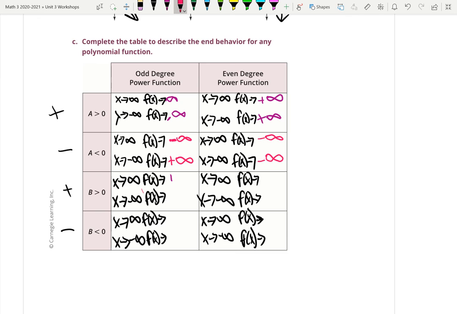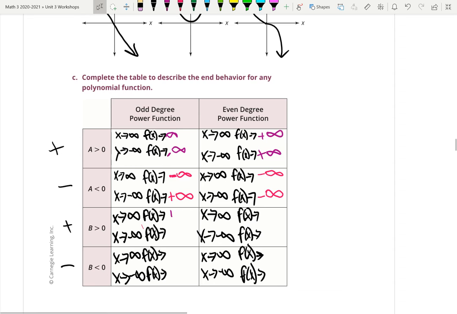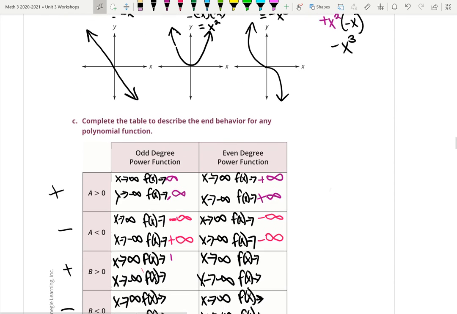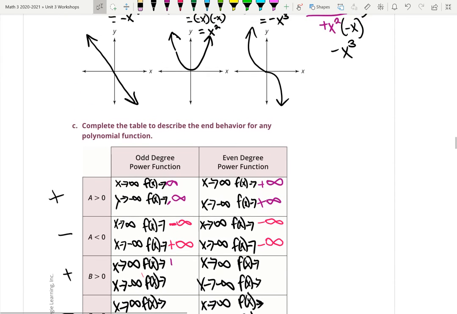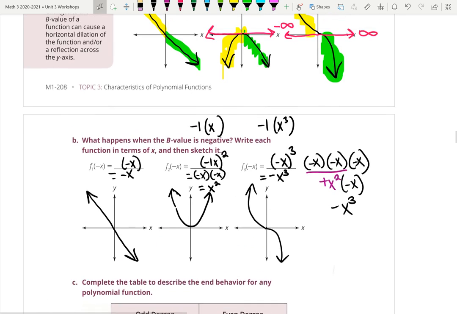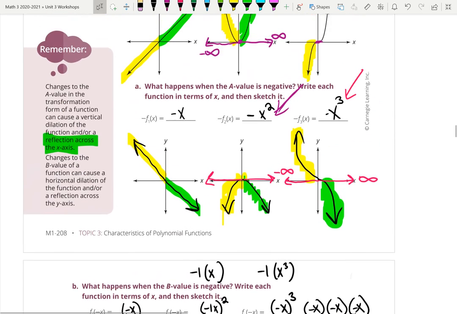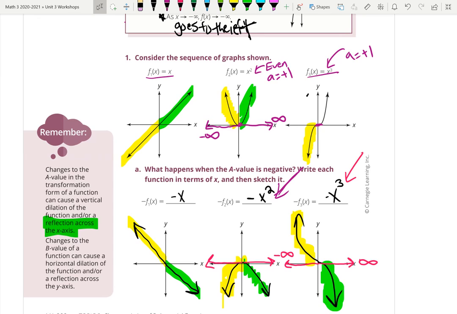Now we're going to track it for when we put the negative on the inside. First, let's look at the original. When it's a positive number, what happens? It's going to be the same as these graphs above. Notice here, number 1, all of the numbers on the inside are just positive, so it's not really impacted.